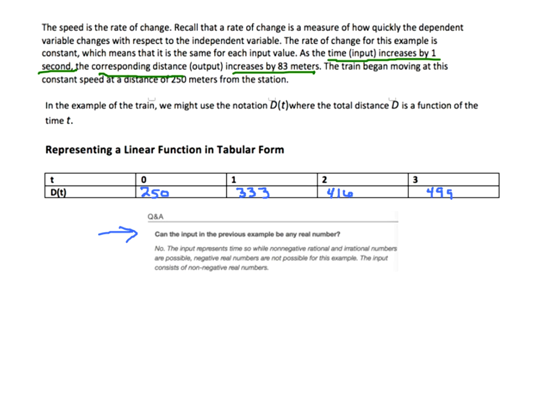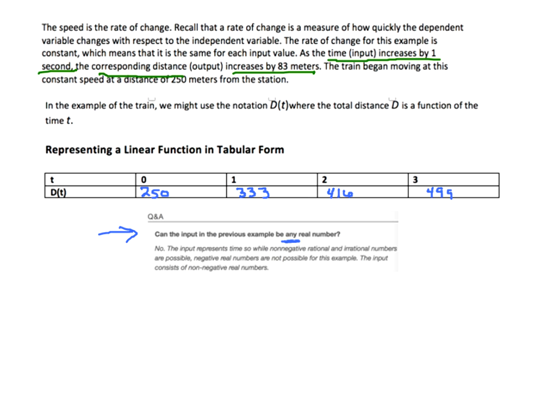Okay, here's a Q&A. These are just common questions that students ask. Can the input in the previous example be any real number? Talking about the situation of time, time being your input, and distance from the station being your output, the question is asking: do I have any domain restrictions?